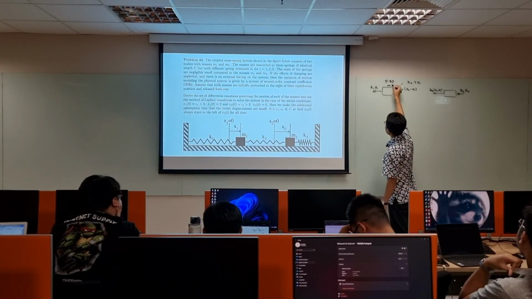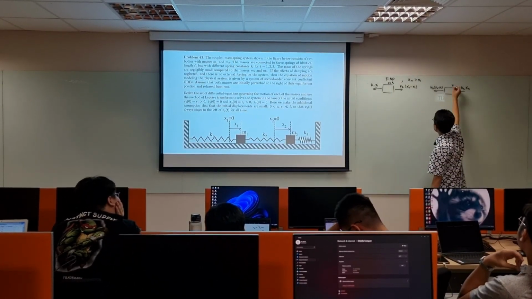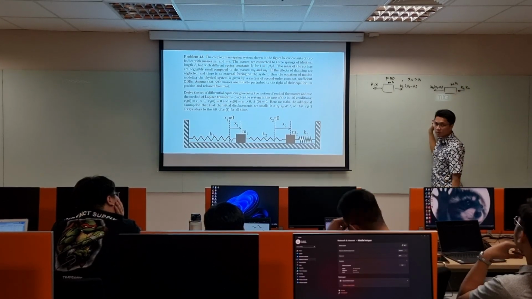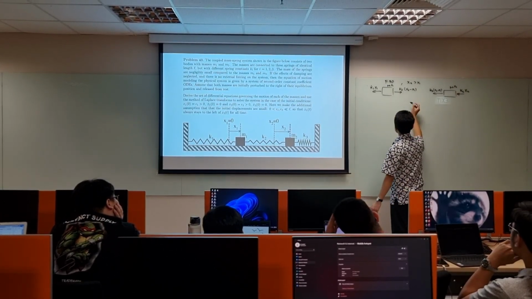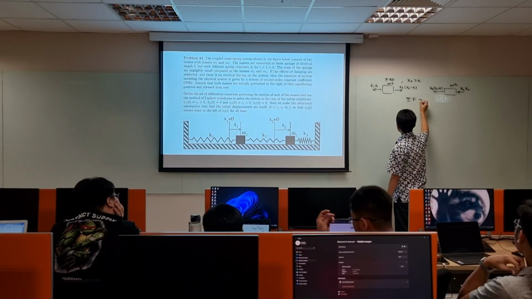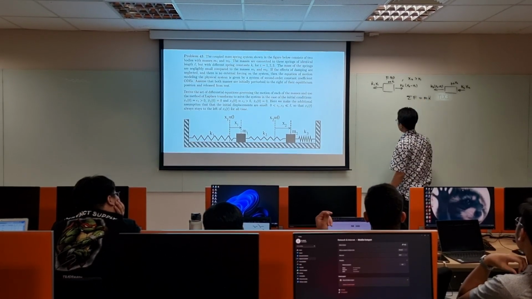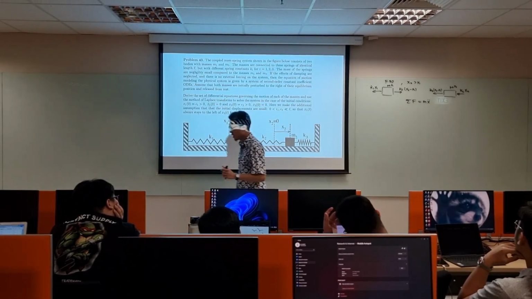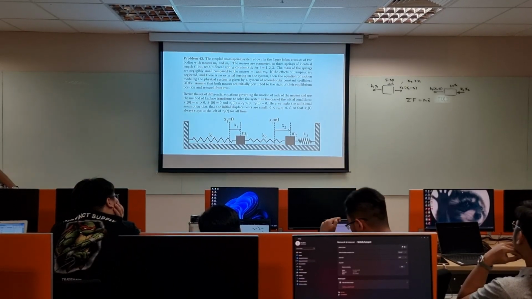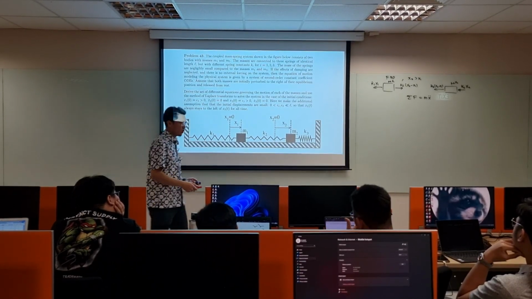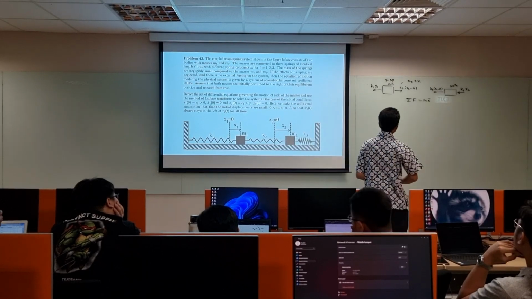x1 positive is going to the right, and x2 positive is also to the right, and you just use sigma force equals m x double dot. That's the governing equation. So we solve for mass 1 first.